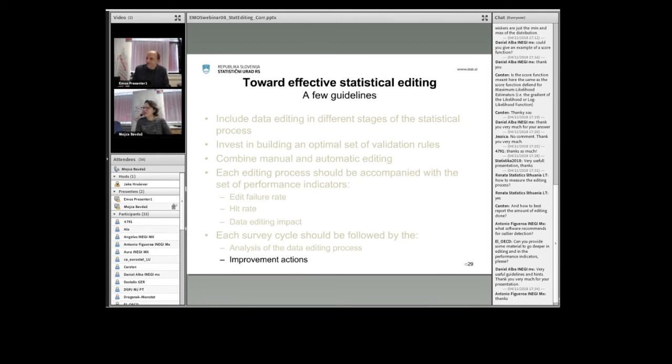Okay. Can you provide some material to go deeper in editing and in the performance indicators? Yeah, there's a wide list of references. Is it possible that we provide them this list of references somewhere? Yeah, we can add them to the webinar material. Rudi doesn't have such a list at the moment, but we could add it.